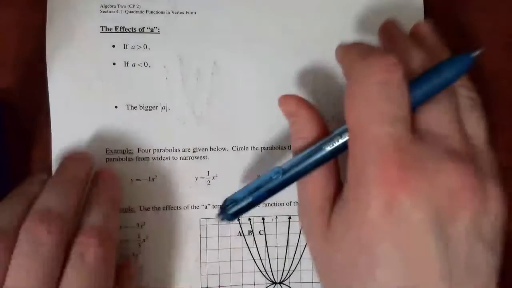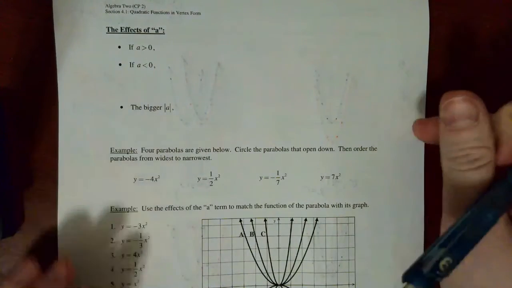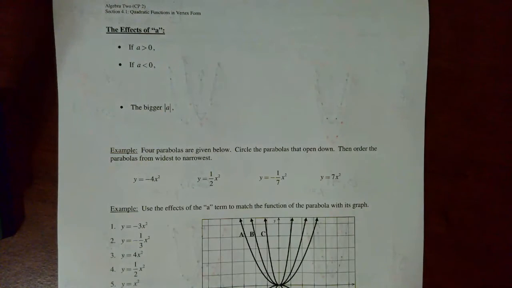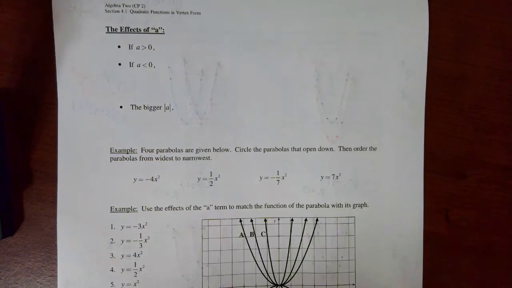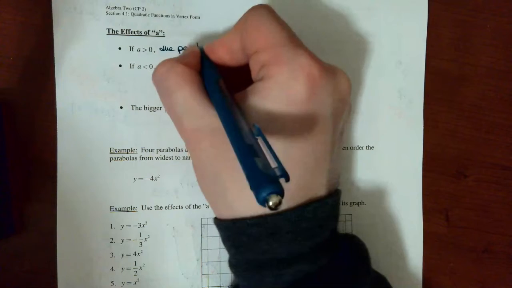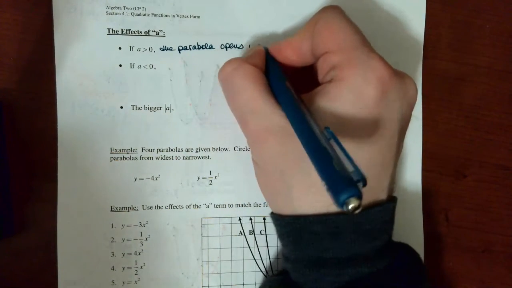The effects of that a value. And before we do this, I would like you to take a moment and look at the Desmos activity that Edpuzzle is going to link you to. So hopefully you already saw through that Desmos activity that if our a value is positive, the parabola opens up.